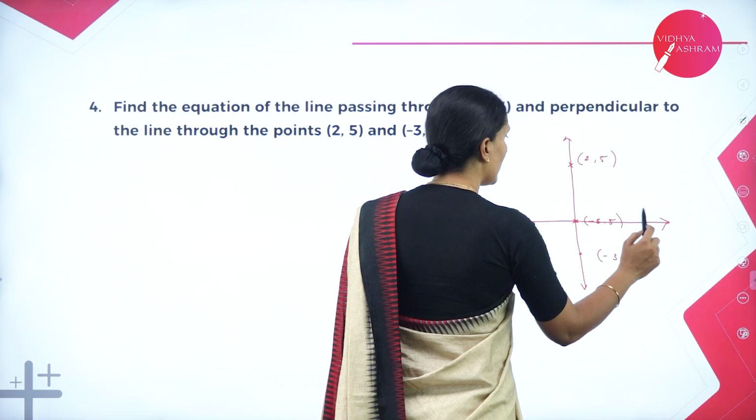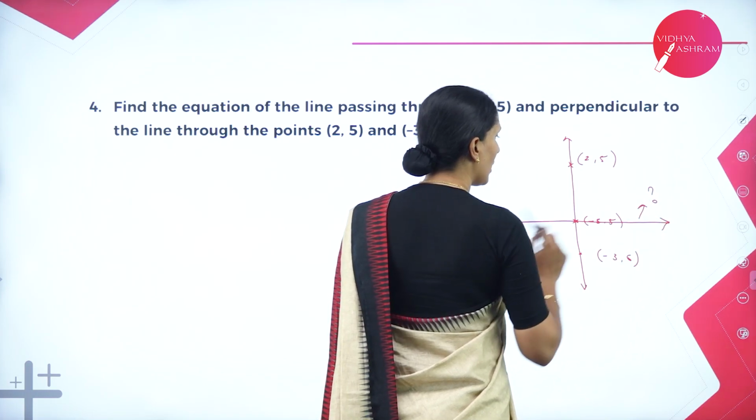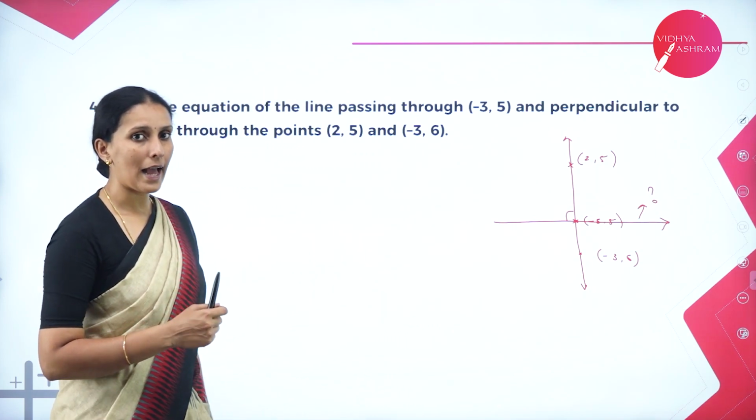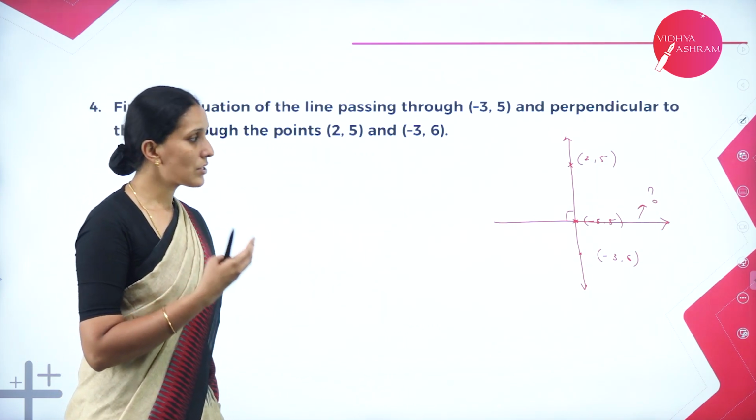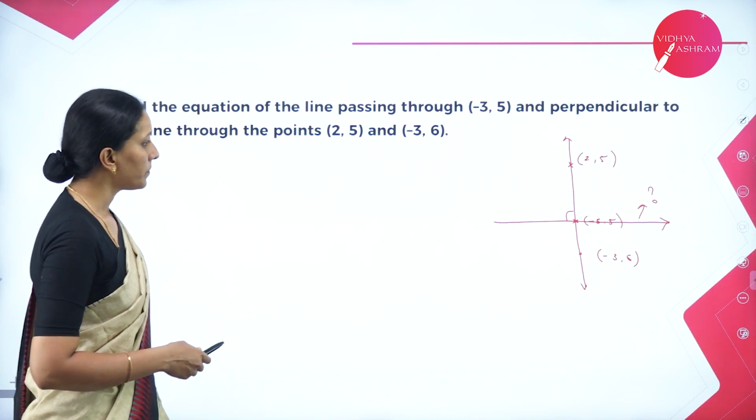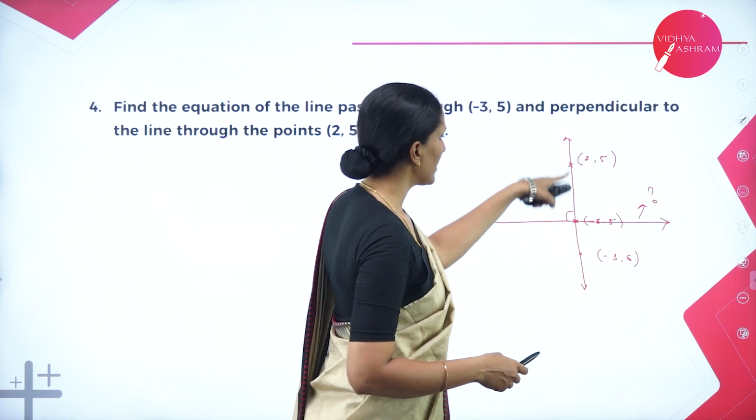So this is the required equation of the line we are supposed to calculate, and it is perpendicular to the given line. So let us calculate the slope as well as the required point to find the equation of a line. Now let us consider the slope of this line.